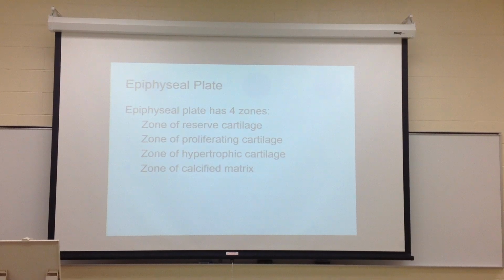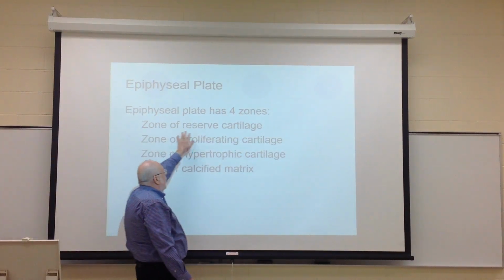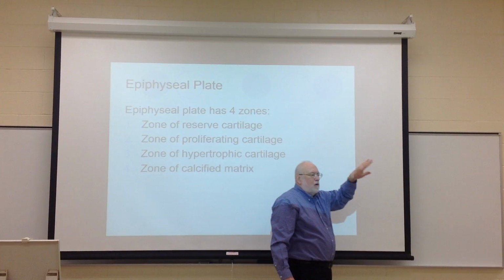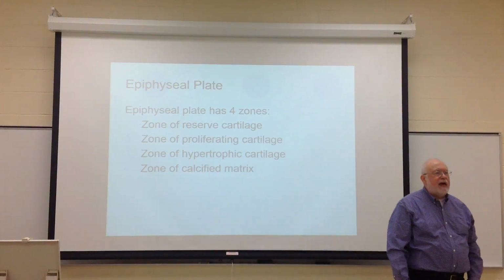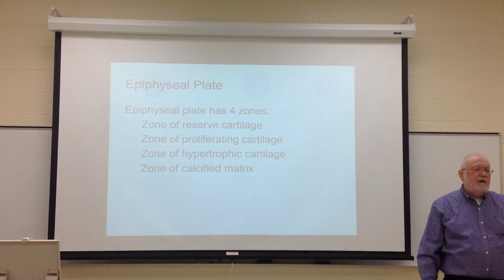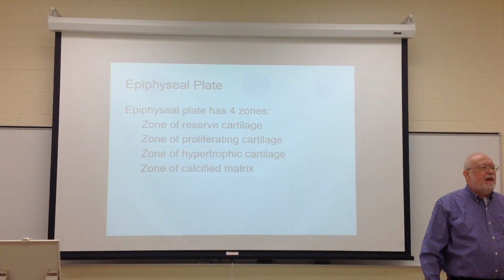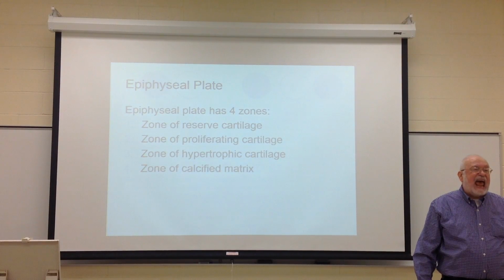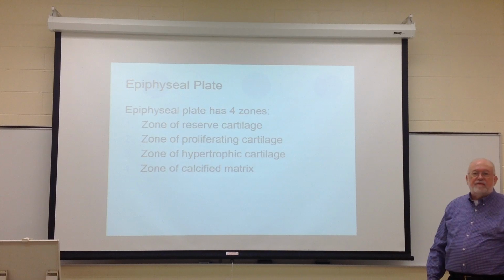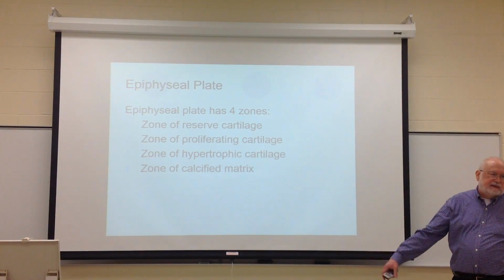And there are 4 zones to it. And they are a zone of reserve cartilage. Well, that's just regular old small chondrocytes embedded in matrix. Thin. The width of it basically remains constant. It serves more as an anchor, if you will, or a joint that joins the epiphysis of the bone and the diaphysis of the bone.